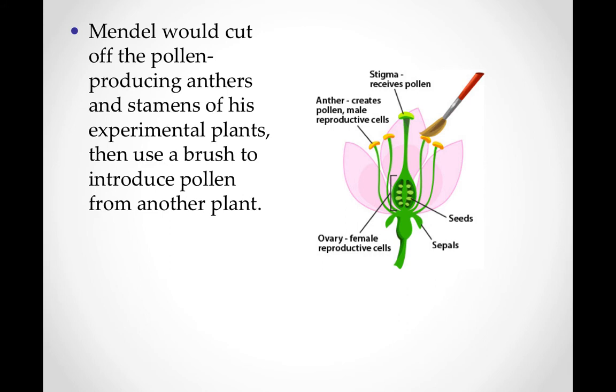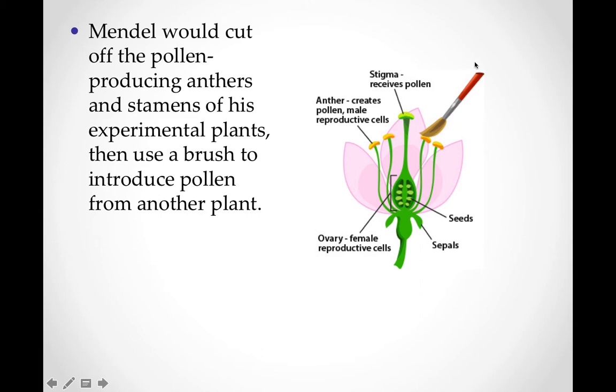What he would do is cut the pollen off of the anthers and the stamens of his experimental plants, and then he would brush or introduce the pollen from another plant. So he would cut off the anther and the stamen, and he would put pollen from a different plant up here and brush it onto the stigma.